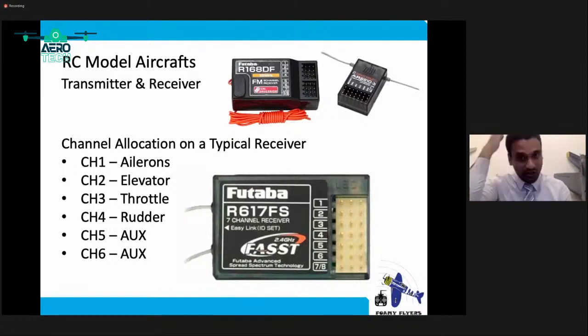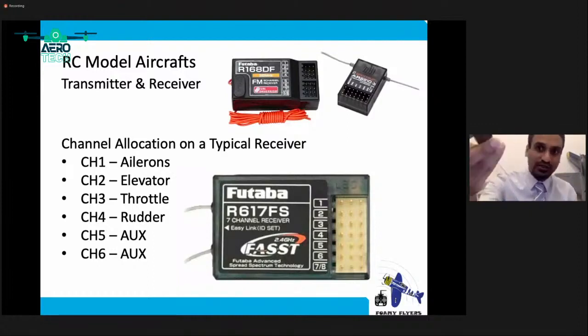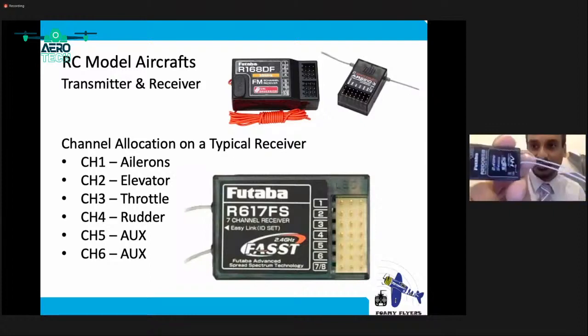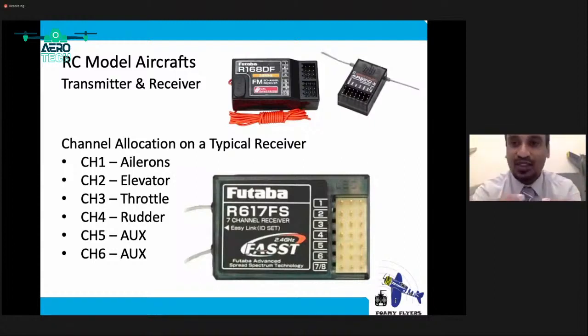On this picture, you have a Futaba receiver here, and I have a Futaba receiver here, which actually came with my transmitter. Normally, when you buy a transmitter, you'll get a receiver, but if you want more receivers, you can buy them separately. These are a bit expensive compared to normal receivers. Normally, this one would cost you around 15,000 rupees. So even if you have an aircraft which costs you less than that, this receiver and those electronics will cost you quite a lot.